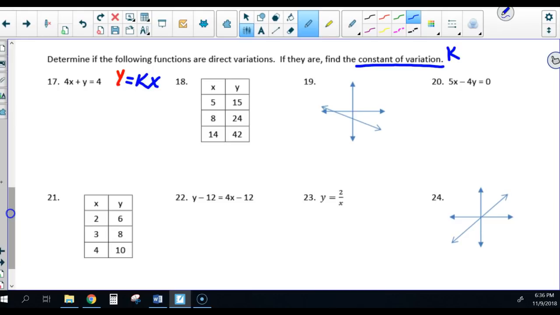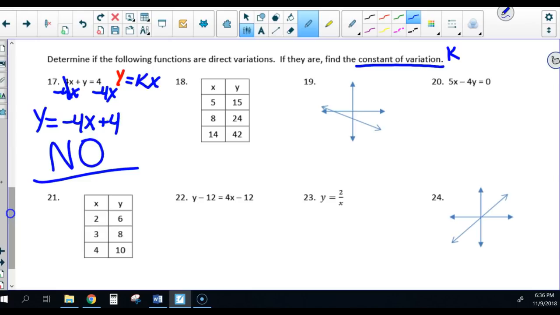Right now it's not, but what if I isolate the y? If I minus 4x from both sides, y equals negative 4x plus 4. Big fat no on that one. Not a direct variation, because of the plus 4 there, the y-intercept. Can't have anything extra.